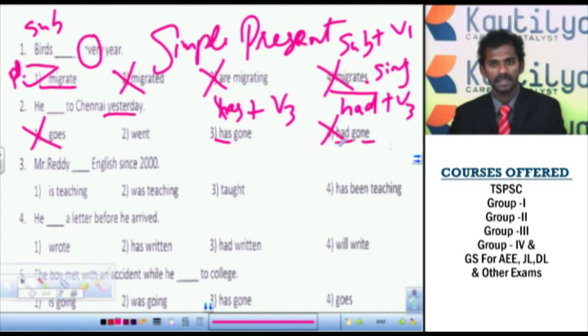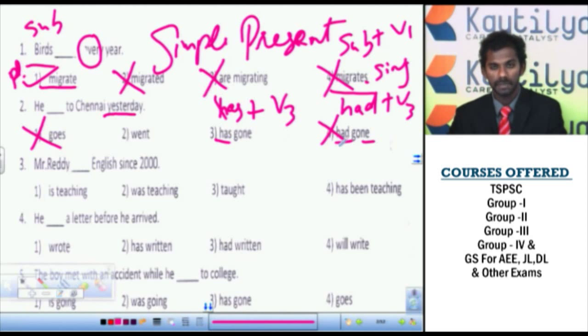2 says "went," "He went," simple past tense, subject plus V2. Whereas 3 is "he has gone," present perfect, subject plus has plus V3. I told you when to use simple past, when to use present perfect. Come to 3, present perfect. Present perfect is used to refer to a past action if the time of the action is not mentioned or unknown.